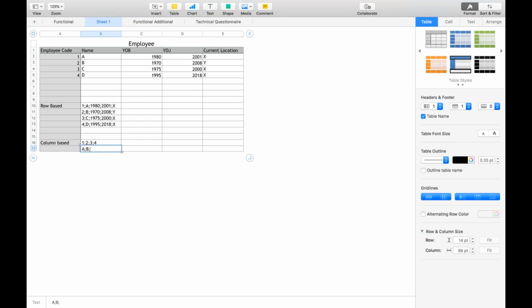A, B, C, D. 1980, 1970, 1975, and 1995. Similarly, 2001, 2008, 2000, 2018. Lastly, X, Y, X, and X. The big picture for compression comes here.